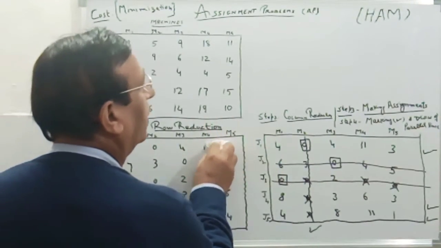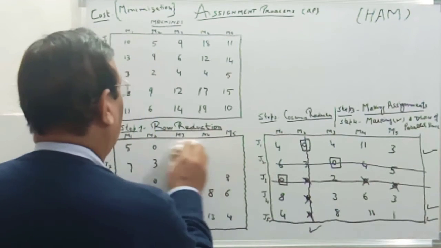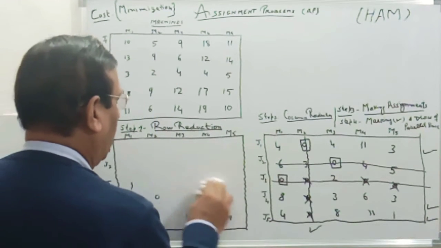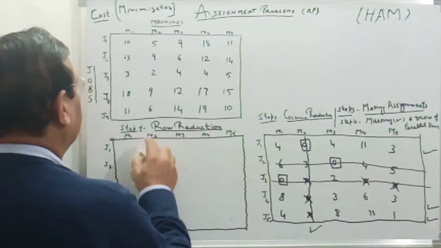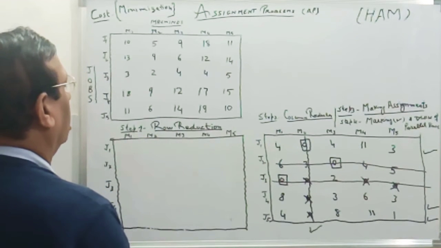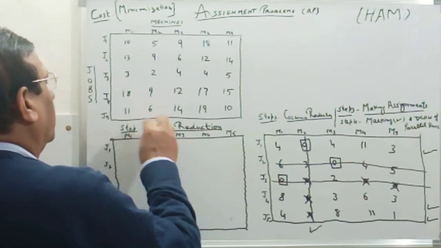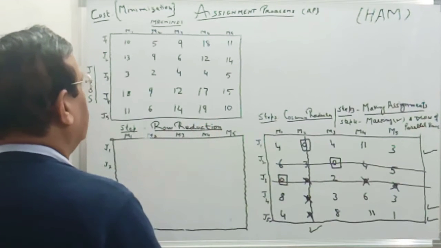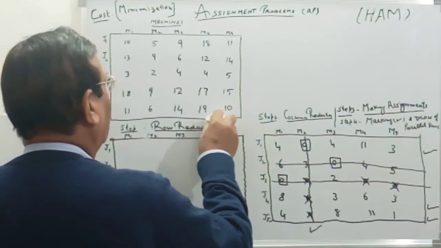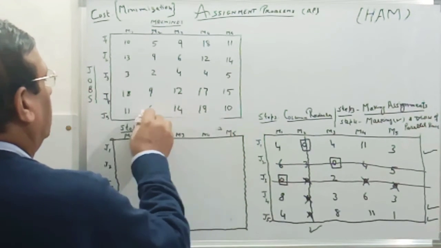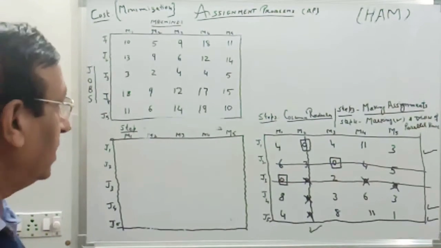After this step number 4. Here is step number 5, or you can say this is your new table. Revised table or new table, and we will proceed for further assignments.